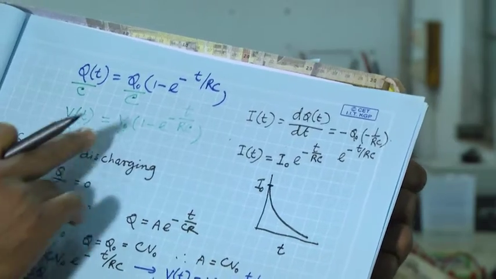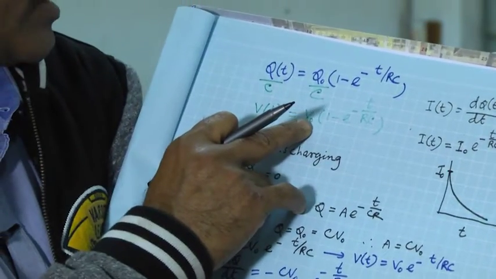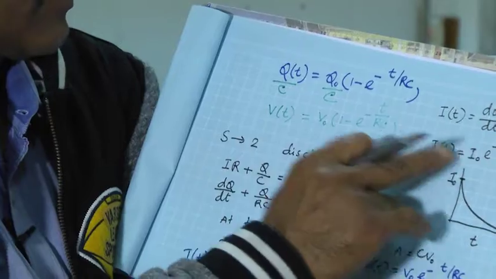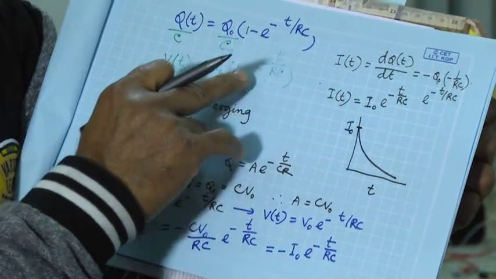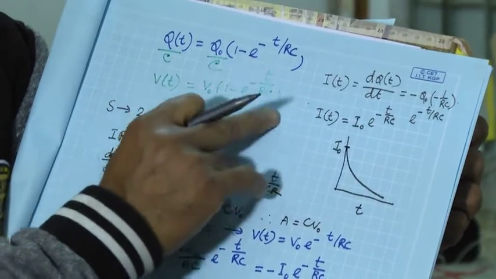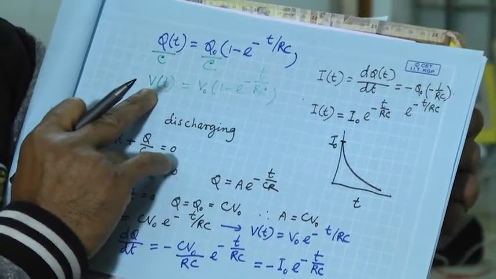And voltage here is 1 minus this part. So, at t equal to 0, this factor will be 1, so V will be 0.